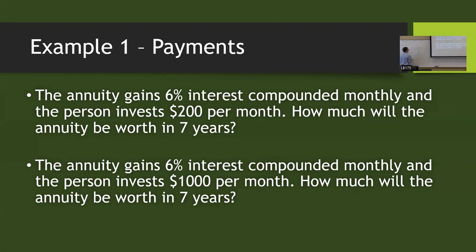And then the other person is also going to put in monthly. They're going to put in $1,000 per month at 6% interest for 7 years. I want you to go ahead and calculate how much each individual will have at the end of those 7 years.